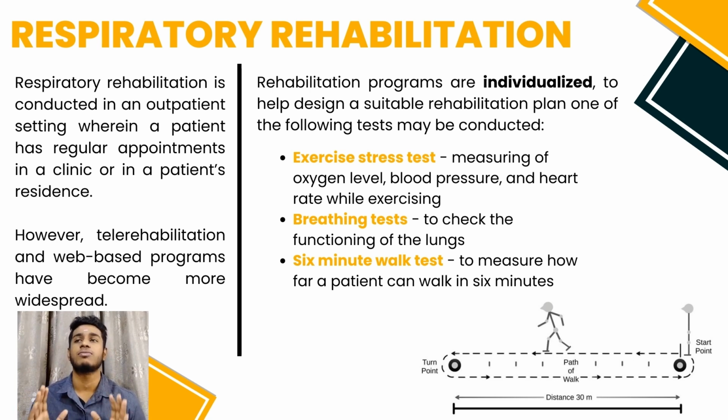One of the following tests may be conducted, known as an exercise stress test. It measures our oxygen level, blood pressure, and heart rate while we exercise. Then the breathing test also checks how our lungs are functioning.